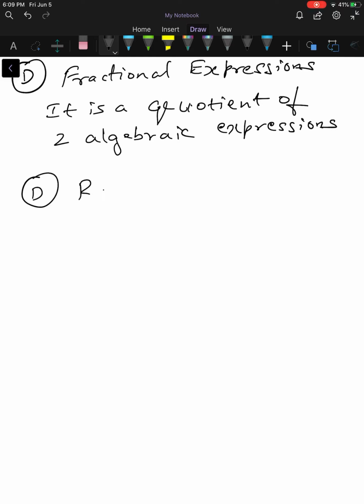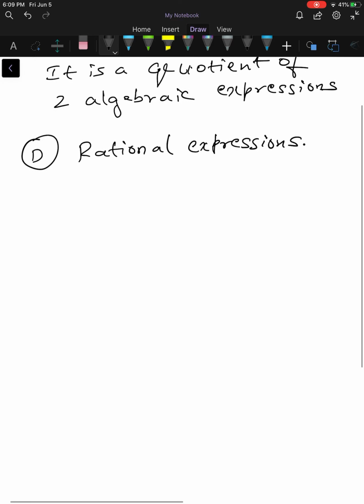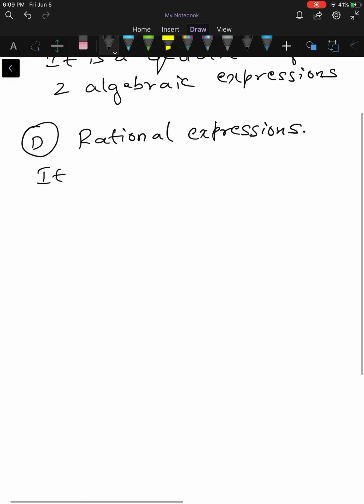So now I will define rational expressions. It is a fractional expression. Throughout this video I will abbreviate fractional expression as FE and rational expression as RE to avoid more writing.